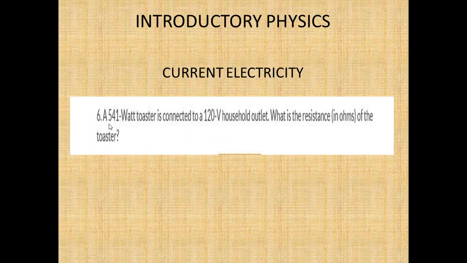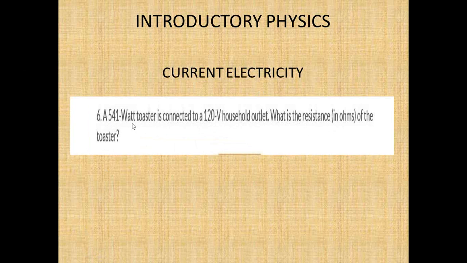So question 6, a 541 watt toaster connected to a household 120 volt outlet. What is the resistance? So again, you have voltage and you have power and you need resistance. So you need an equation with volts, resistance, and power.